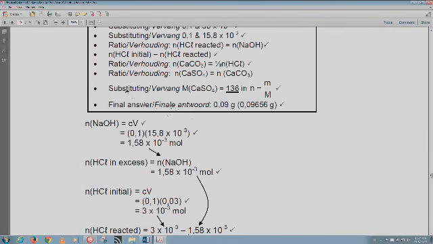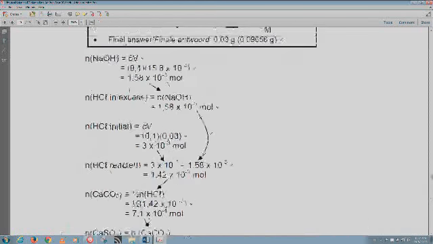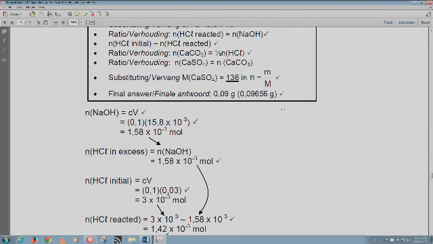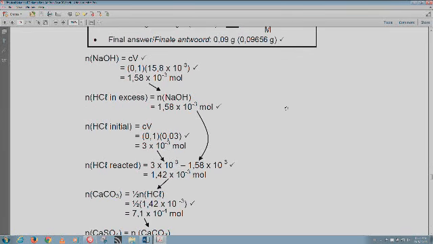And then the 8th mark there will be for substituting the molar mass of calcium sulfate in n = m/M, and then the final answer there must definitely be 0,09656 grams.